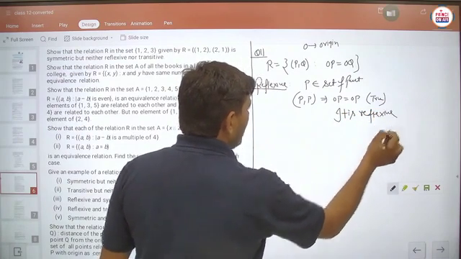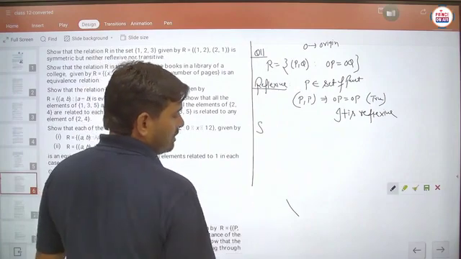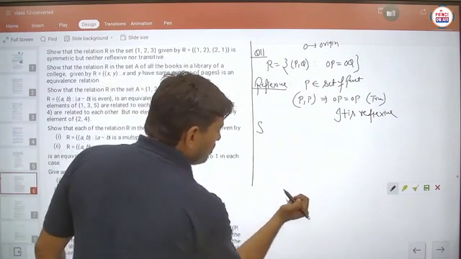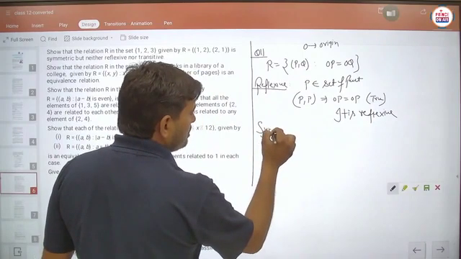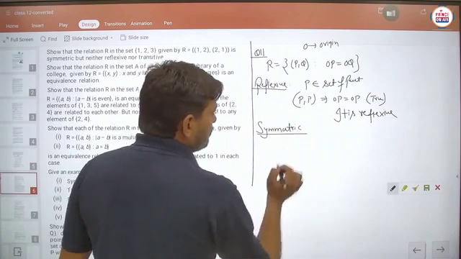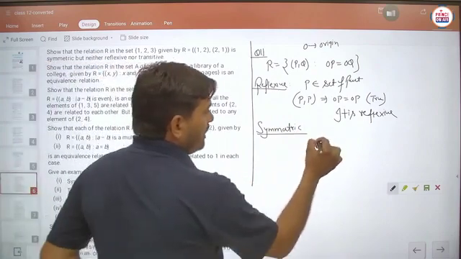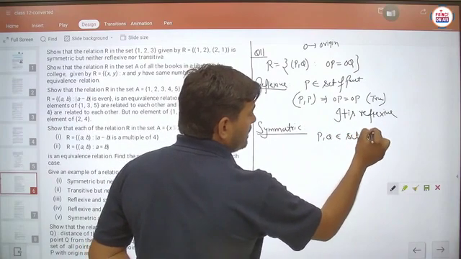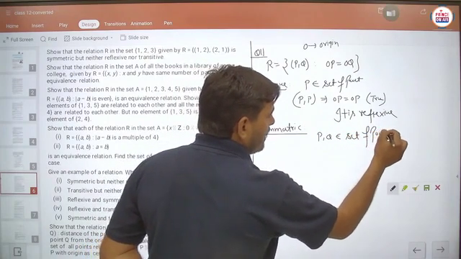Next we will check for the symmetric. Is it clear? So in the case of a symmetric relation, student, we take different points P and Q from the set of points in a plane.